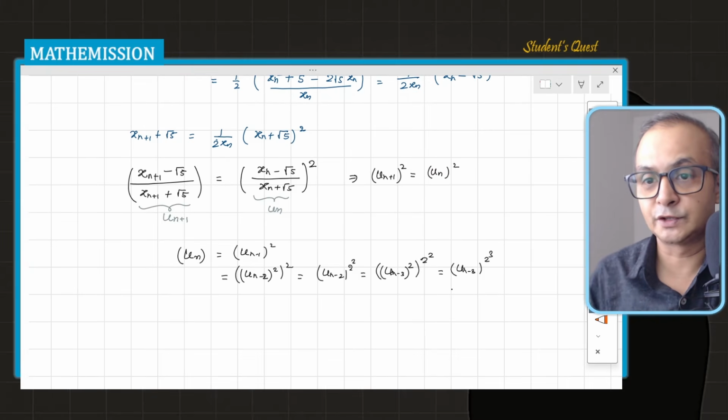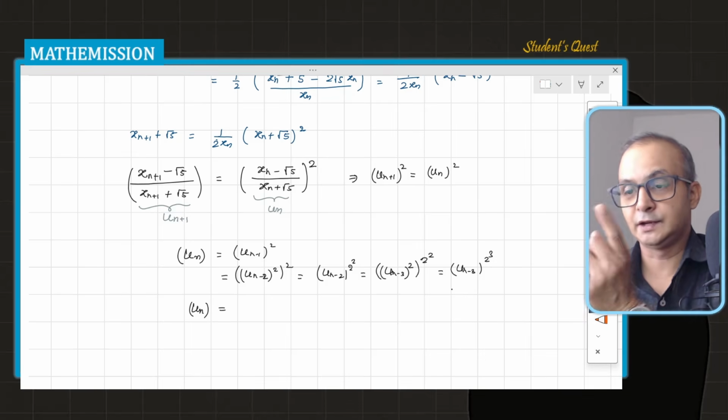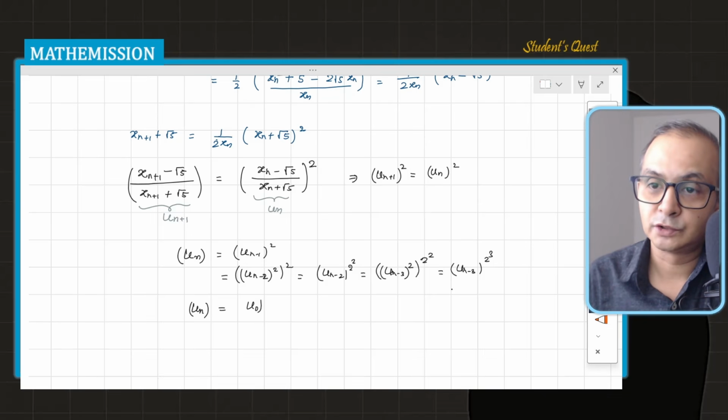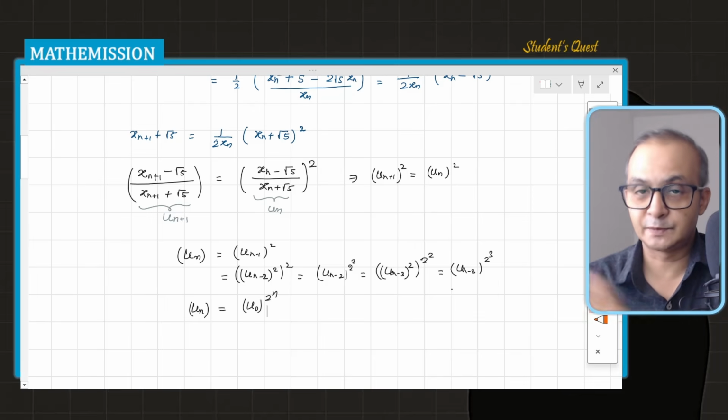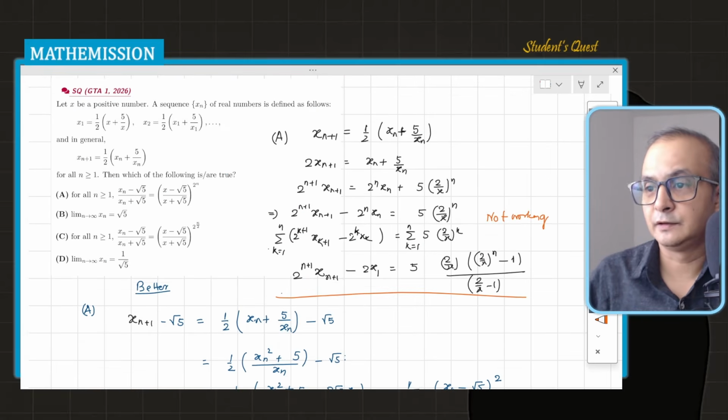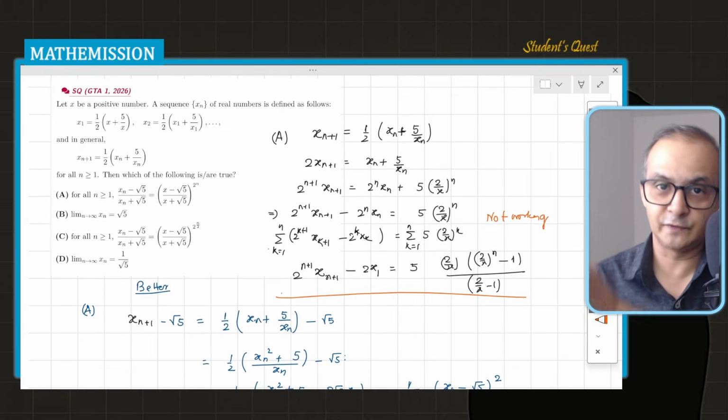So what I mean to say is that I'm getting un equal to, if I iterate up to n there, u naught to the power n. And what is u naught? When the subscript had not started, u naught is the expression we see, which is actually building up the first term.